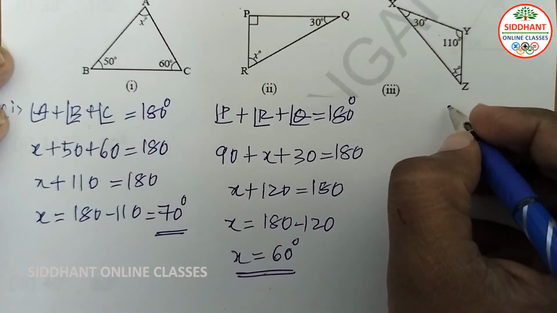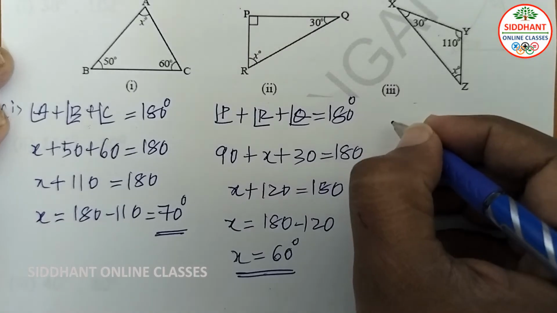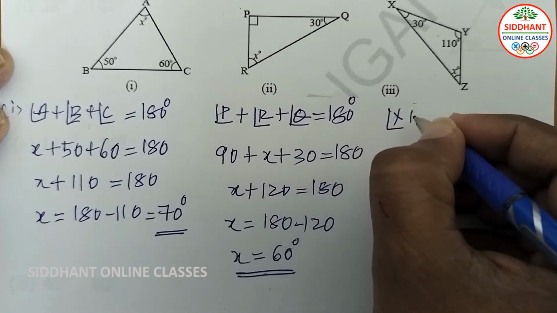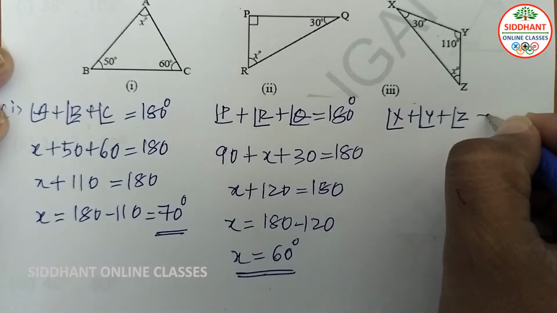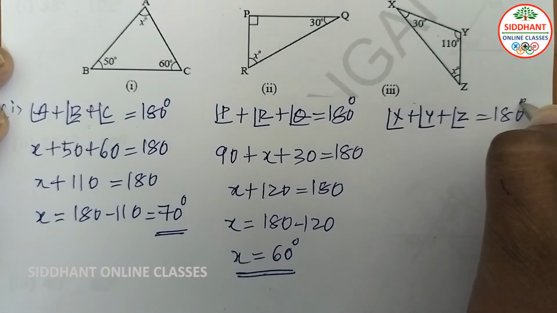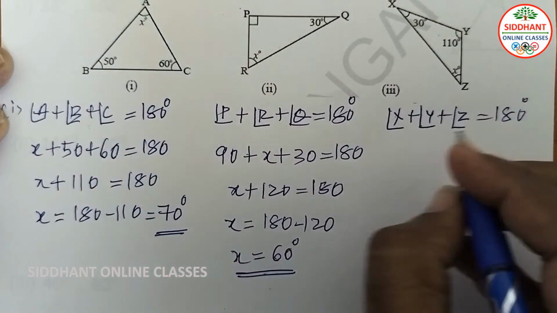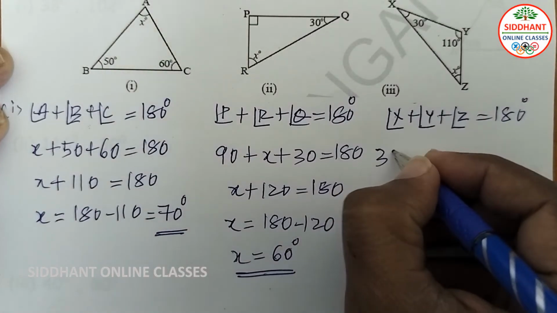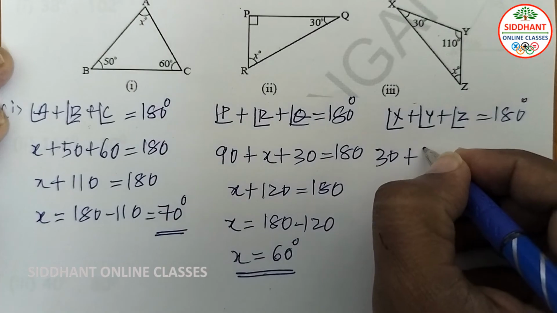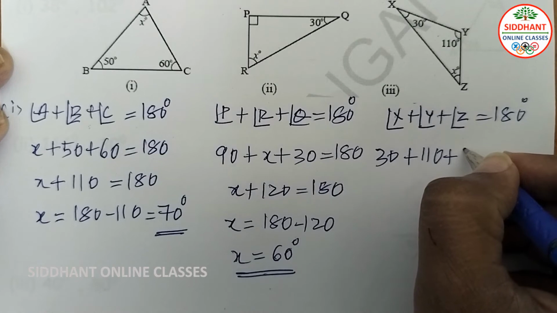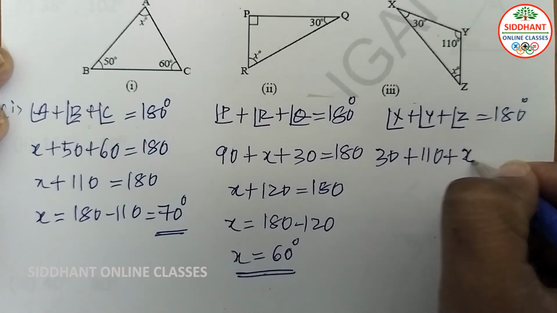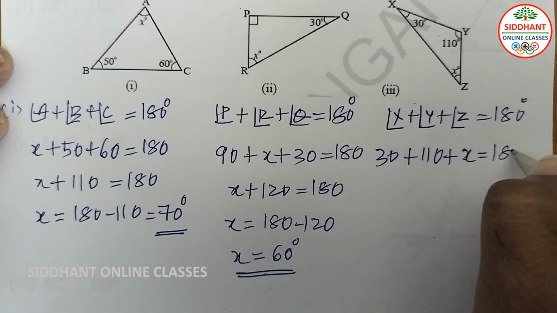Third figure, when you are going to see, so angle x plus angle y plus angle z, that equal to 180 degrees here. Angle y is 30 degrees plus angle z is 110 degrees, and angle x you are going to find out, that equal to 180.